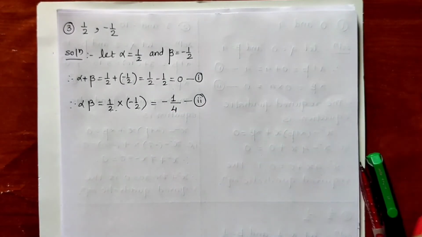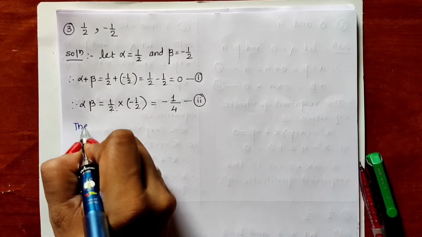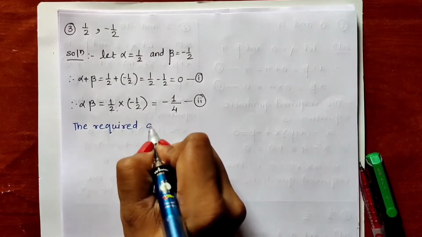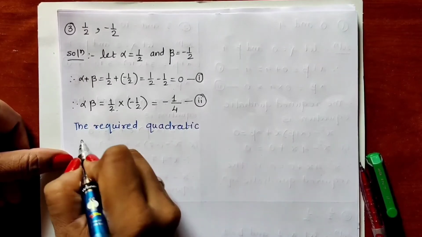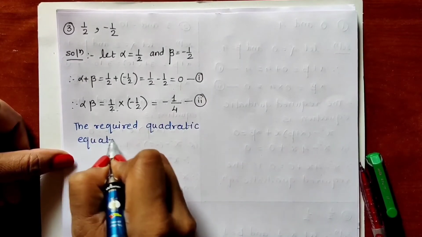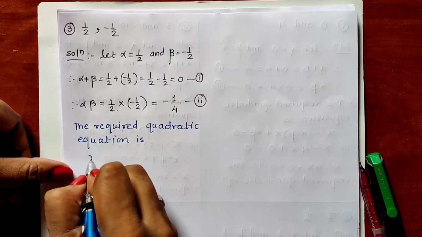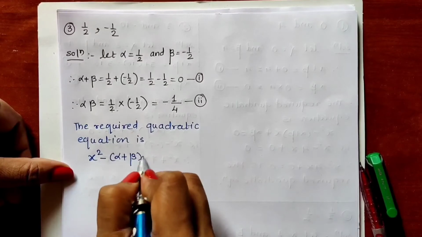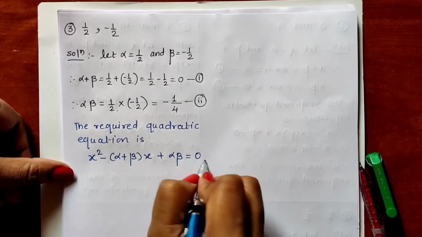Now let us write the required quadratic equation. The required quadratic equation is, it will be x square minus alpha plus beta x plus alpha into beta is equal to 0.